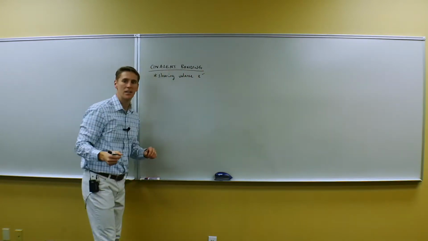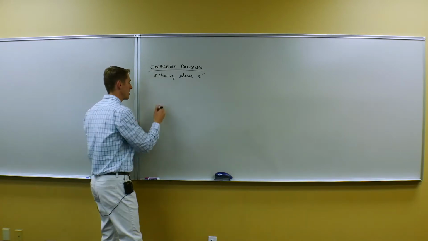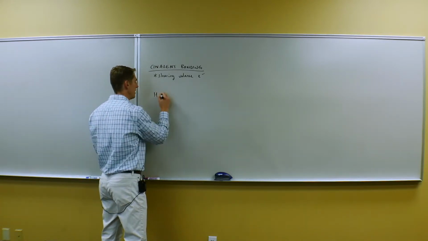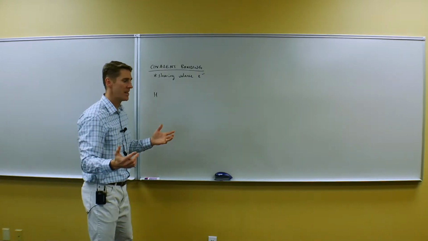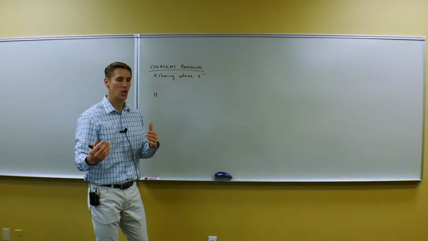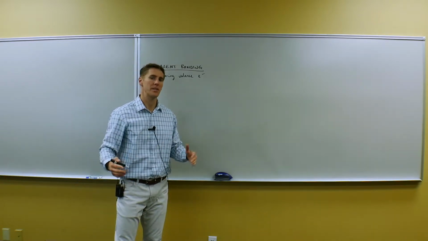We're sharing valence electrons. For example, let's look at hydrogen. Hydrogen's atomic number is 1. It has 1 valence electron. Now, you might recall it's in family 1, so you might think, wait a minute, isn't that a metal?